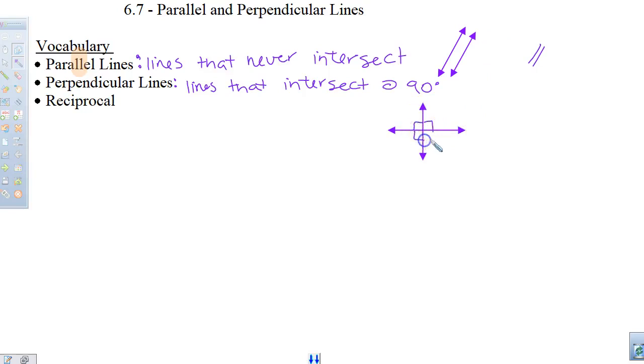When they intersect, they actually create 4 different 90-degree angles. So all of those corners are 90 degrees. And for shorthand for perpendicular, you might see this symbol right here, and that stands for perpendicular.